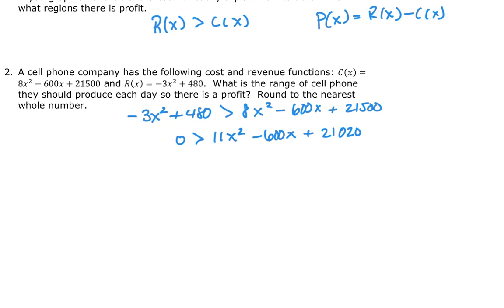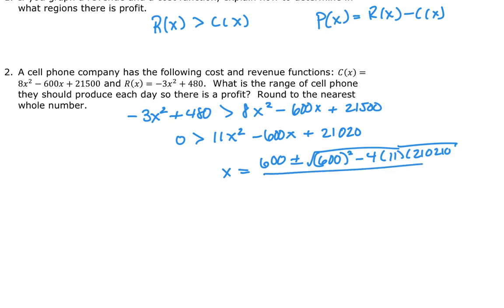Now I'm going to throw this into the quadratic formula, so x is equal to 600 plus or minus the square root of 600 squared minus 4 multiplied by 11 multiplied by 21,020, all divided by 2 times 11.